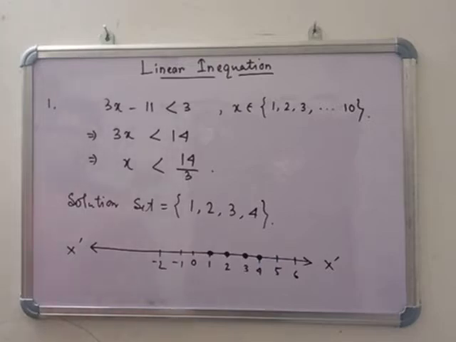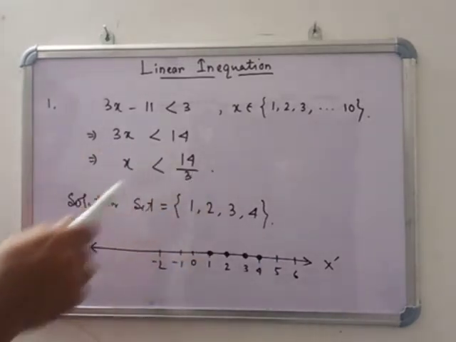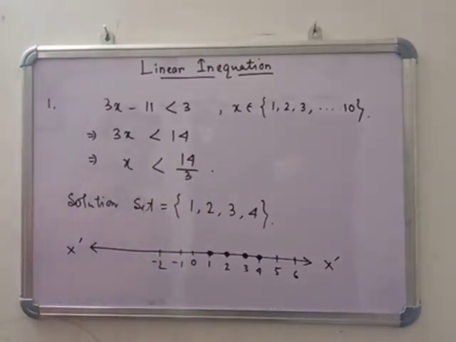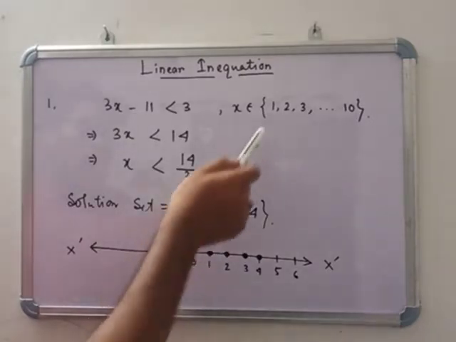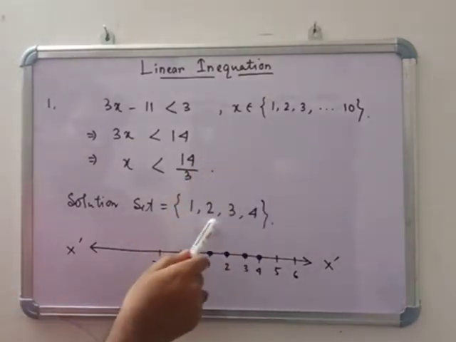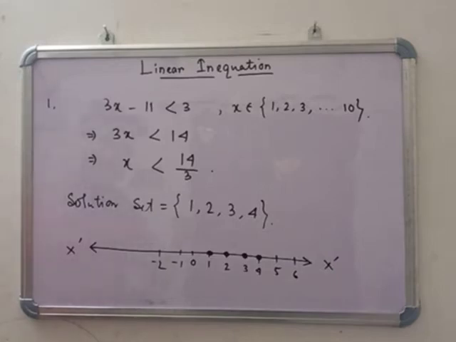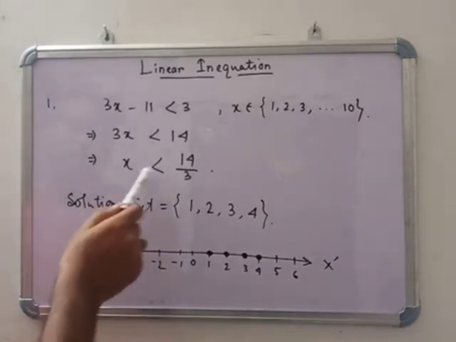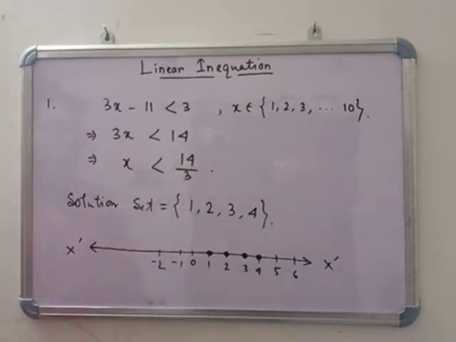That means the whole number set is given. From this set, 1, 2, 3, 4 are common, because 5 by 3 would be 15, and 15 is not here because 14 by 3 is there. So the solution set is 1, 2, 3, 4. Now you have to express it on the number line. The number line should be drawn with a pencil.